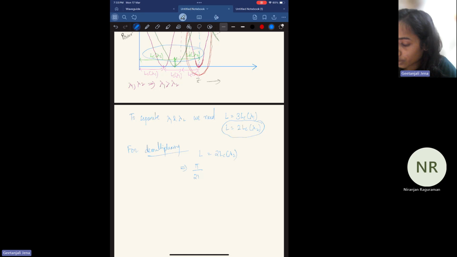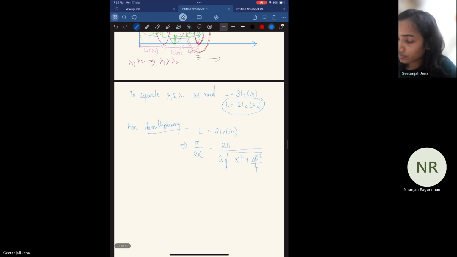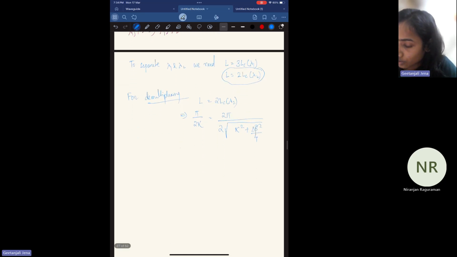It is pi by 2 kappa, and 2 LC for lambda 2 you can write as 2 times pi by 2 over gamma, which is the square root of kappa square plus delta beta tilde square by 4. First you need to derive this condition. If this is clear, then other things are easy to calculate.